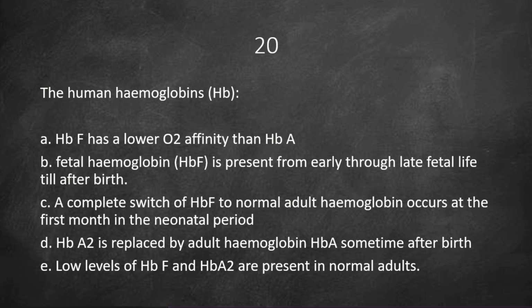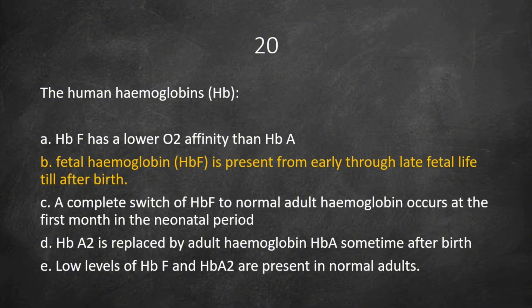Then D. Hemoglobin A2 is replaced by adult hemoglobin A sometime after birth. Then E. Low levels of hemoglobin F and hemoglobin A2 are present in normal adults. So the correct answer here is B, fetal hemoglobin F is present from early through late fetal life till after birth. If you look at the options, option A is saying that hemoglobin F has a lower oxygen affinity than hemoglobin A.